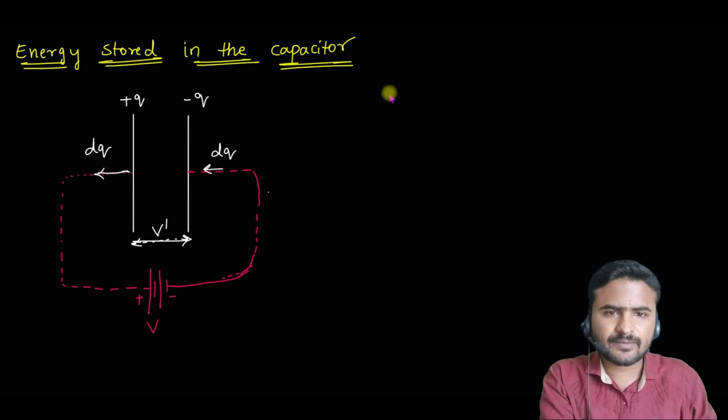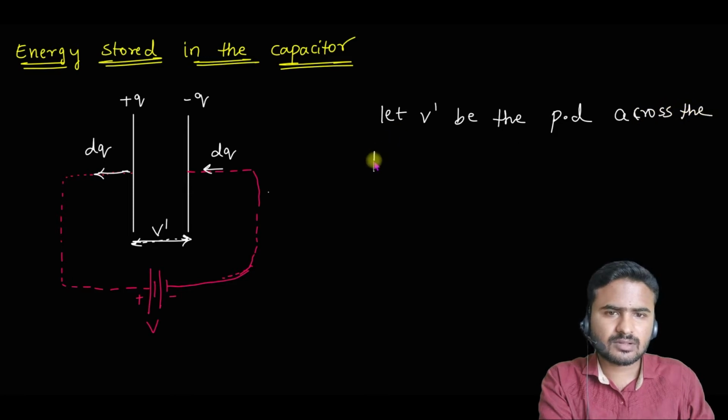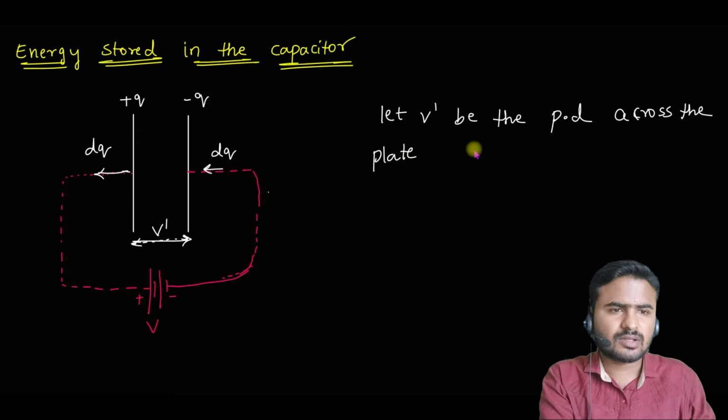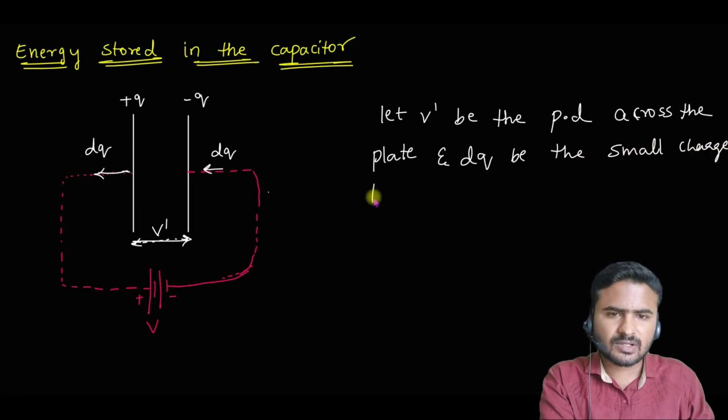Let V dash be the potential difference across the plates, and dq be the small charge transferred from one plate to another plate.